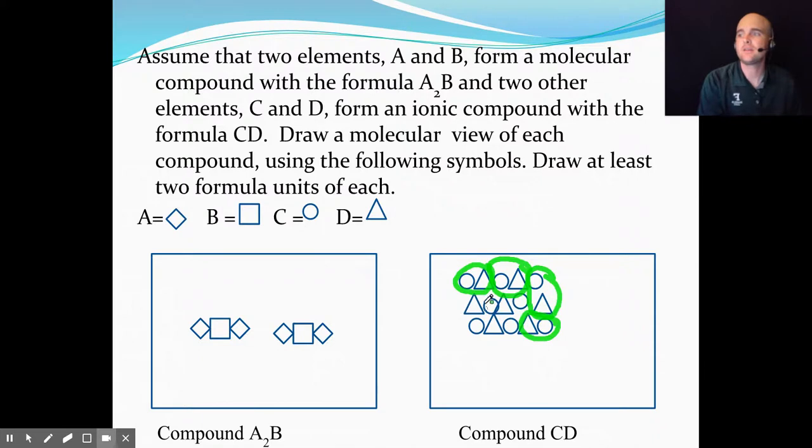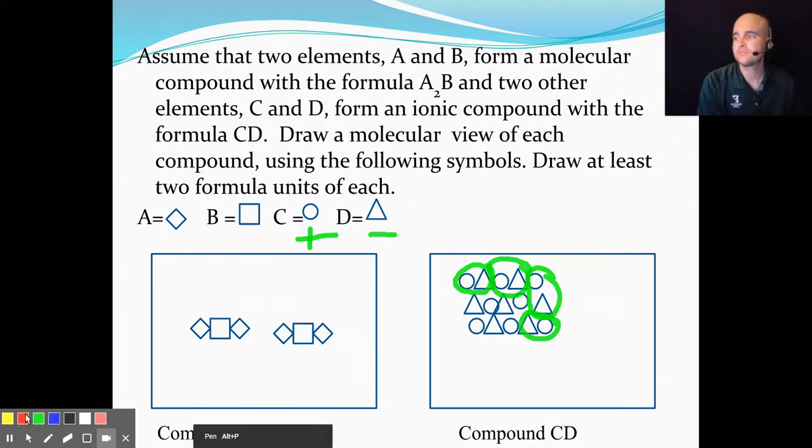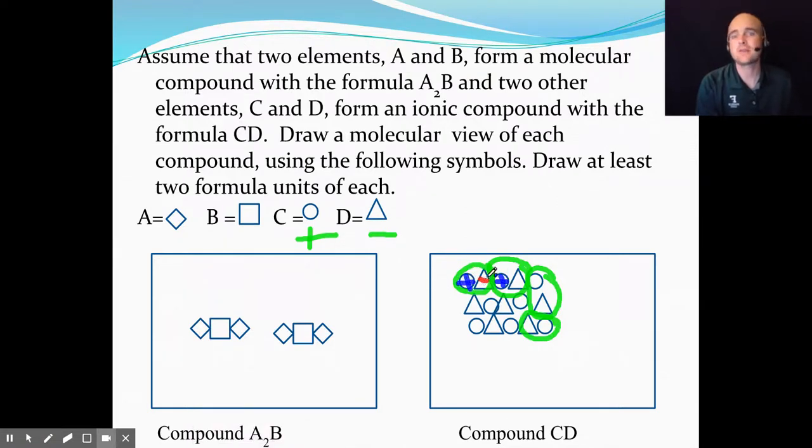If the C's were positive and the D's were negative, then this would be a negative here. This would be a negative, and then this could be a positive as well. So the positives and the negatives can still attract to each other that way. That's how they'll align, and you'll get these crystal forming structures. That happens with salts, and that's why salts are crystals.